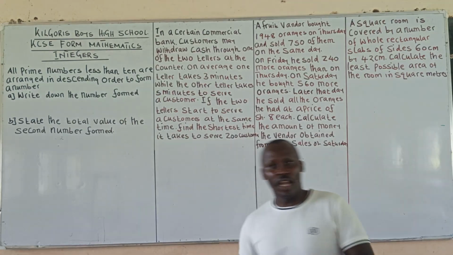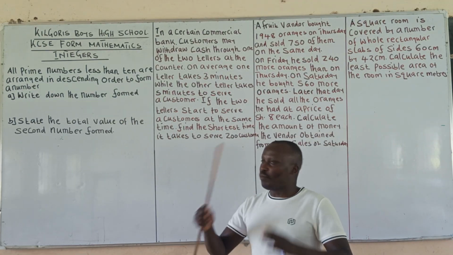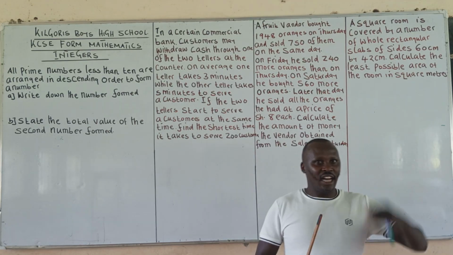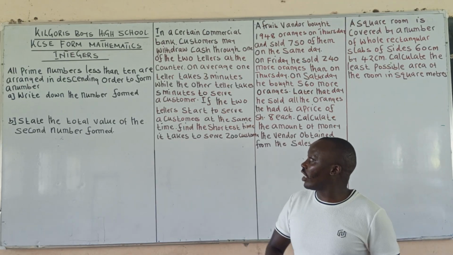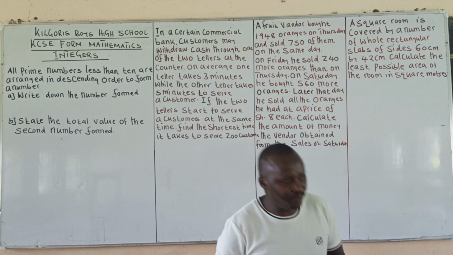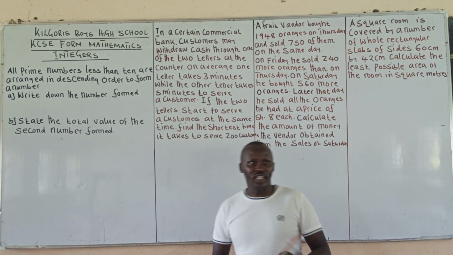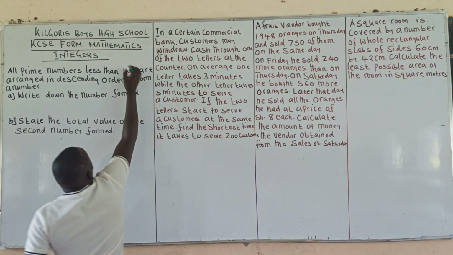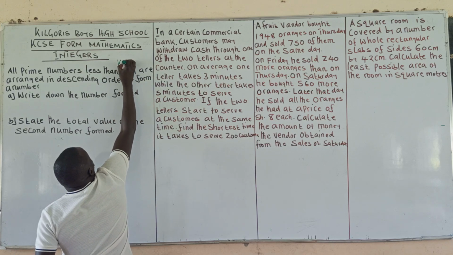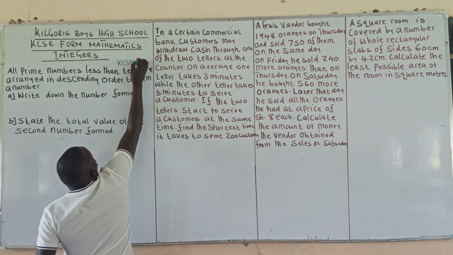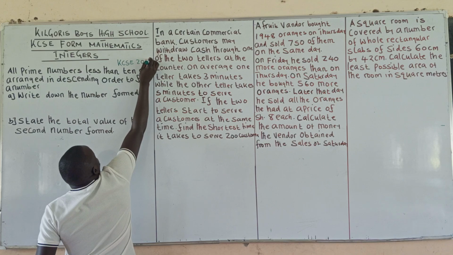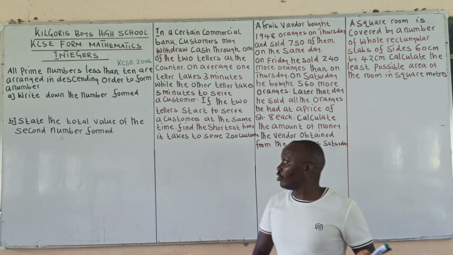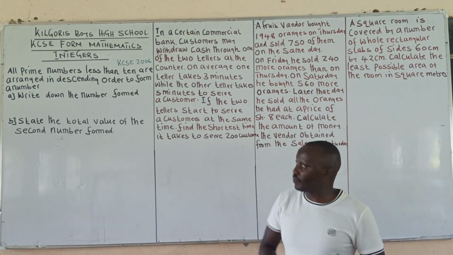The first one: all the prime numbers less than 10 are arranged in descending order to form a number. You can check this one in KCSE 2006, paper 1.